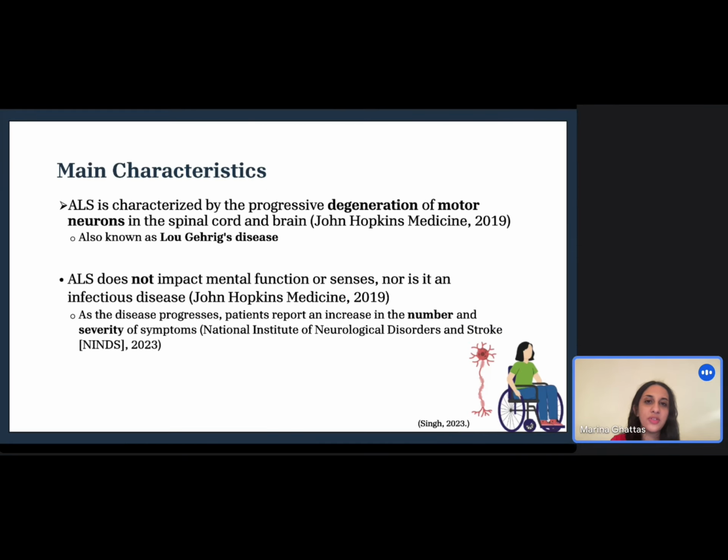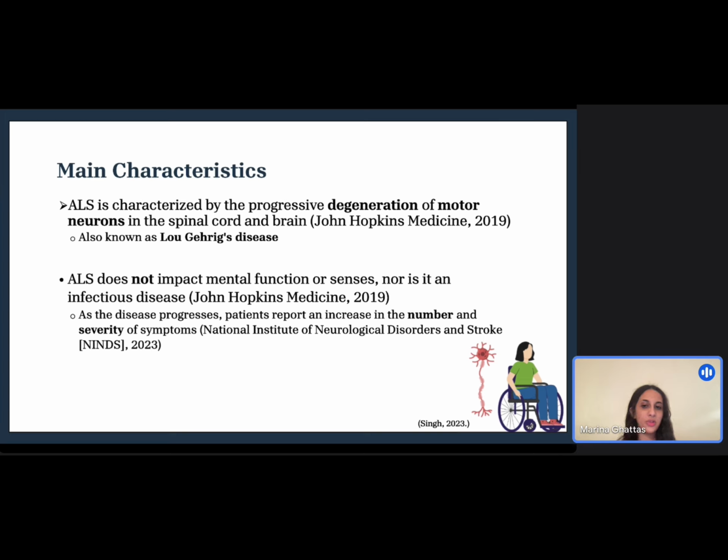Main characteristics of ALS. ALS is characterized by the progressive degeneration of motor neurons in the spinal cord and the brain. This means that motor neurons, which transmit signals from the brain to the muscles for movement, slowly deteriorate over time and eventually die. ALS is also known as Lou Gehrig's disease. Lou Gehrig was a famous baseball player who passed away from ALS.